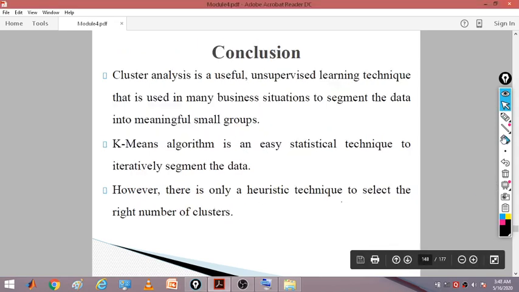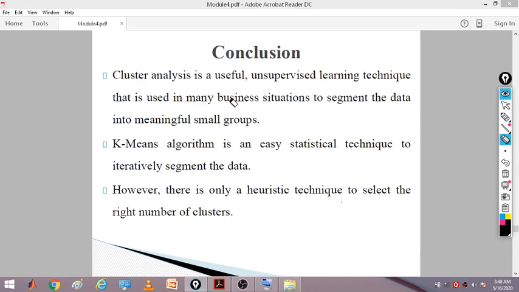So we can conclude that cluster analysis is a useful unsupervised learning technique used in many business situations to segment the data into small, meaningful groups. Whatever you try to cluster, you group it so that each group has some specific characteristics, and out of that you should be capable of taking some decision.